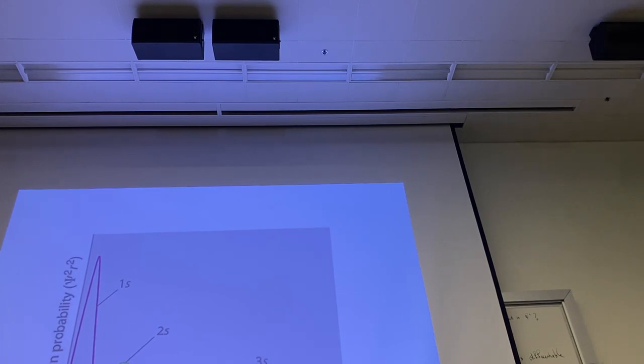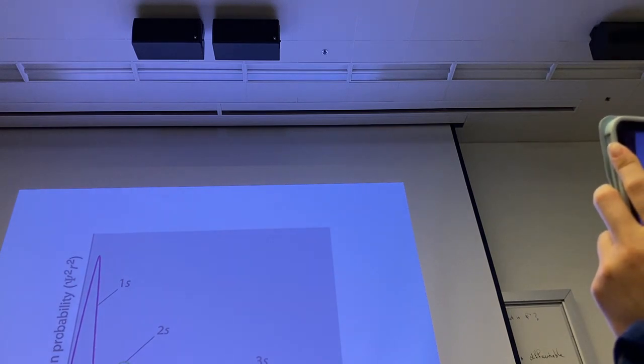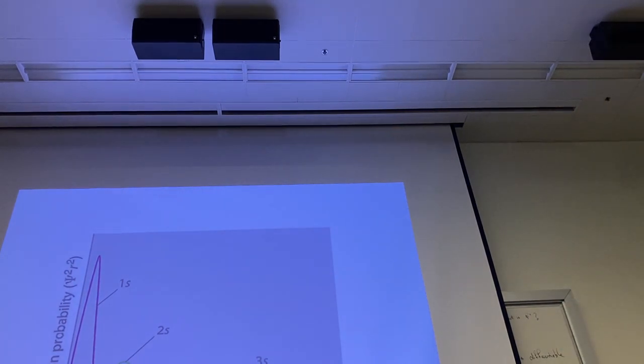If you look at this, you can see already that the 1s is the smallest, the 2s is second, and the 3s is the biggest, because the electron can be farther away from the nucleus on average, which means it has a larger size. If the electron sits in the 3s and not in the 1s, then the size of the hydrogen atom is bigger.